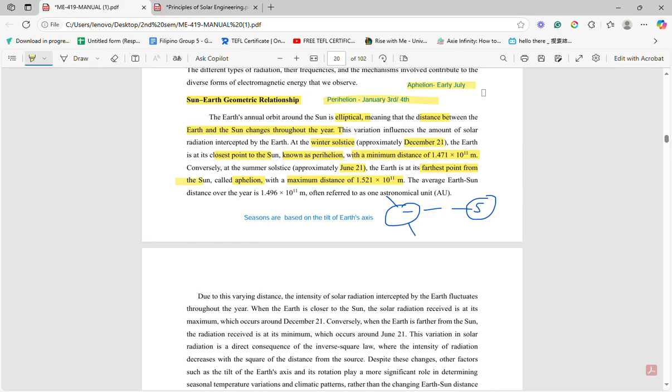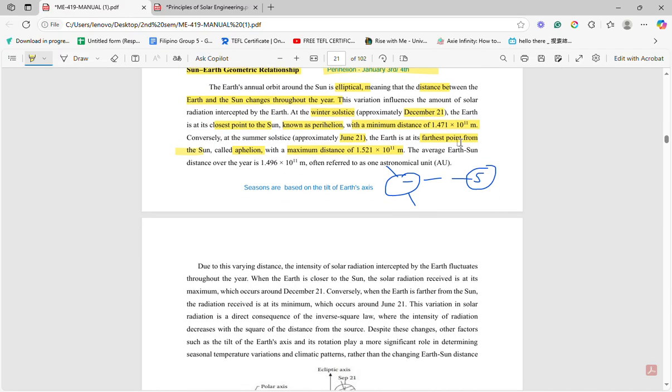It is the aphelion, the event wherein the Earth is at its farthest point from the Sun, and that again occurs during early July. So, again, why does this not cause winter? Malayo nga siya, or why does aphelion not cause winter if it's at the farthest point?